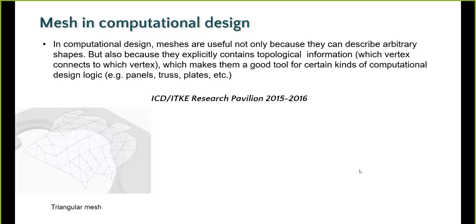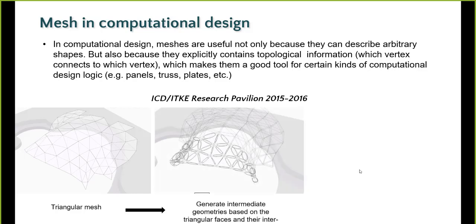For an example, there's a pavilion by the ICD and the ICKE where they generated some control polygon mesh, which represents the geometry that they were making in a very low poly manner. But because this mesh had embedded logics of what face was next to what face, and what vertices were connected to what vertices, you could use that to then build other geometry on it.